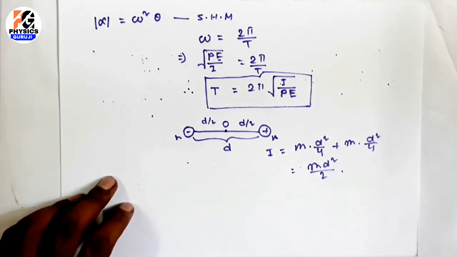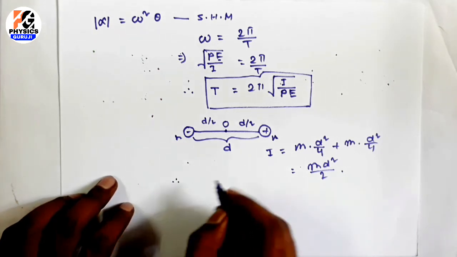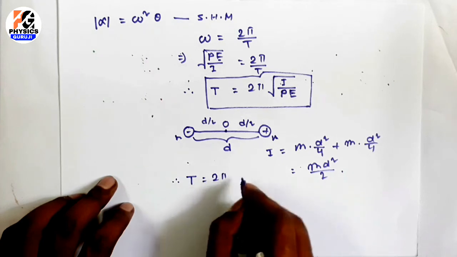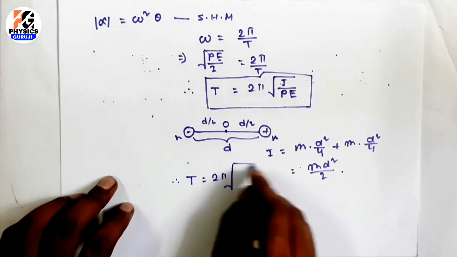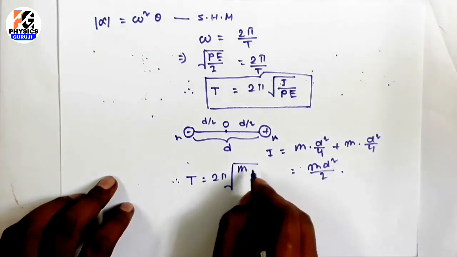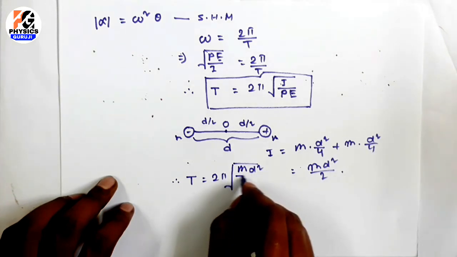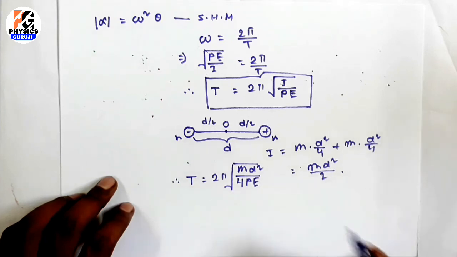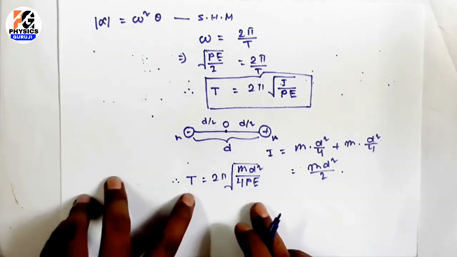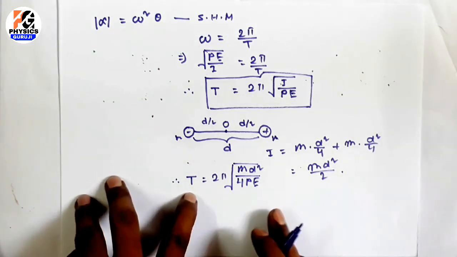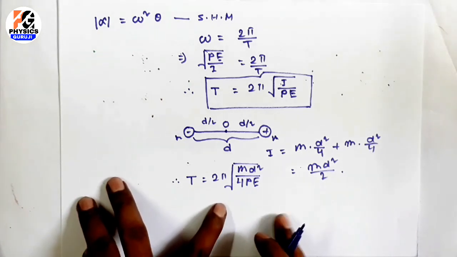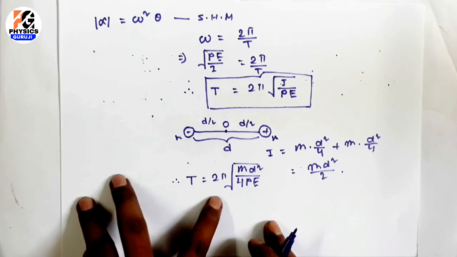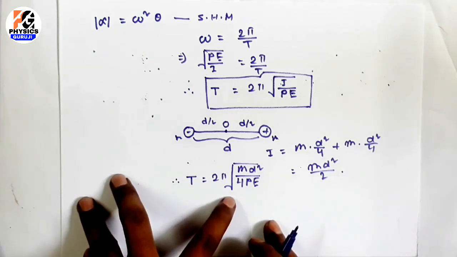This will be the moment of inertia. So if I put this in the equation, then T equals 2 pi root over m d squared by 4PE. This will be the time period of oscillation of the dipole, where the charges are q and minus q and the mass of each charge is m.